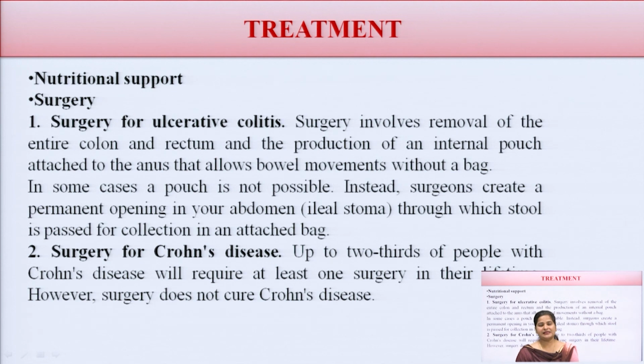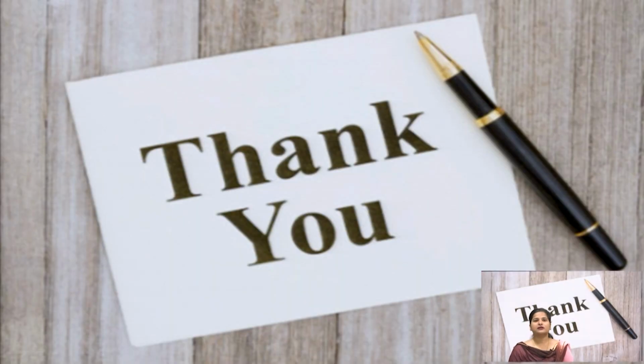So, these are the treatments for IBD. This was the entire topic: what IBD is, the classification of IBD, the symptoms of ulcerative colitis and Crohn's disease, and the treatment of IBD and Crohn's disease. So, thank you.